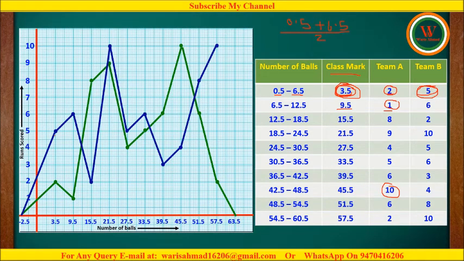At last, we have to join the last point with the x-axis. So this is the final frequency polygon of team A and team B. This green color is representing the frequency polygon of team A, and this blue color is representing the frequency polygon of team B.